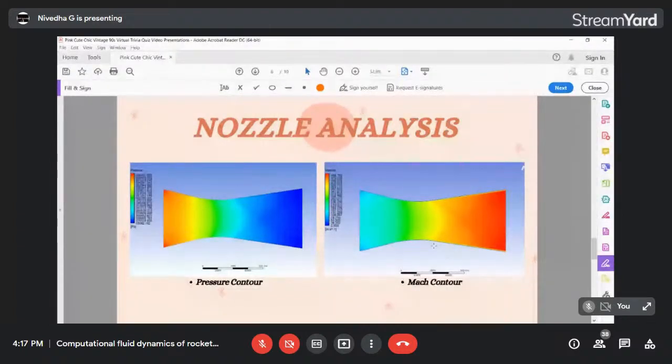The SST k-omega is a two equation model. We have two equations to solve, which gives you better accuracy again. But Spalart-Allmaras is a single equation model. So what you use is the SST k-omega model, and it gives you superior performance and handles pressure gradients well.